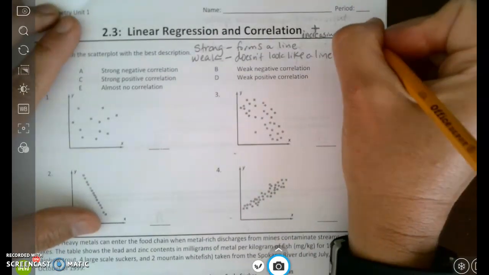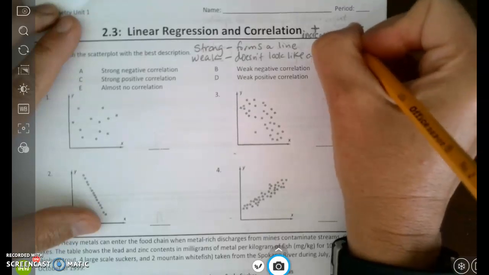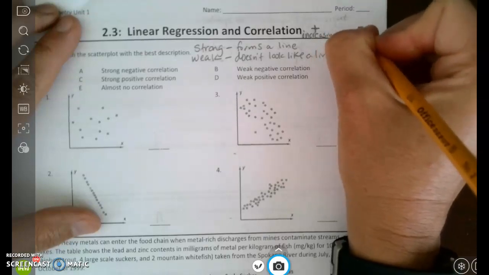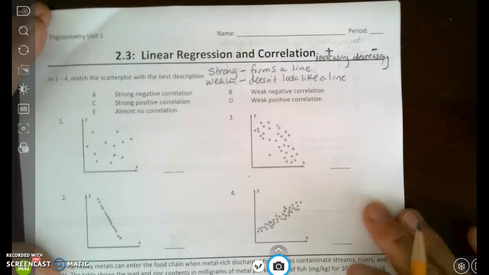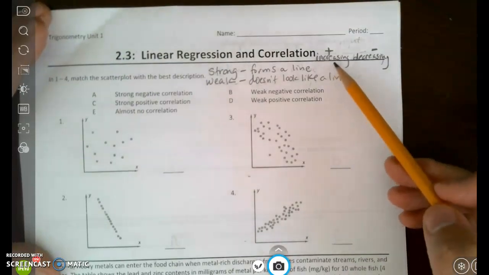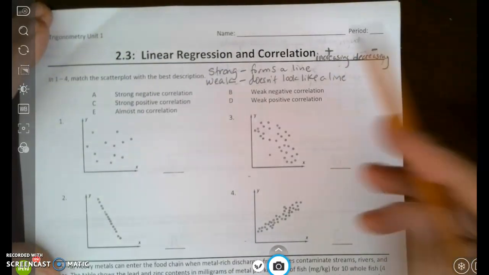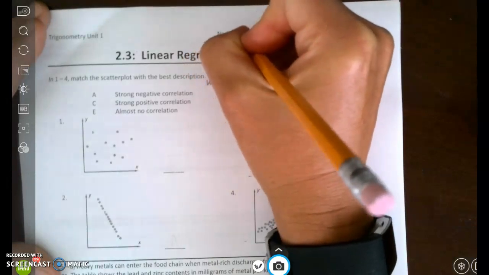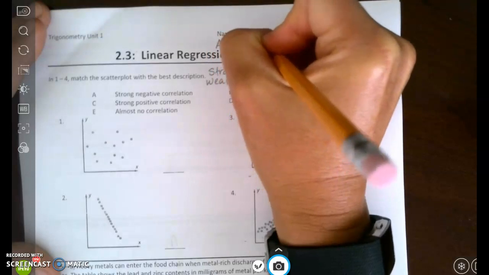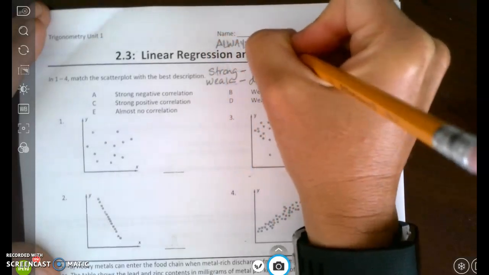And when it's negative, that means that it is decreasing. Now it's also very important for us to note that whenever we read a graph, in order to determine if it's increasing or decreasing, you always read a graph left to right.